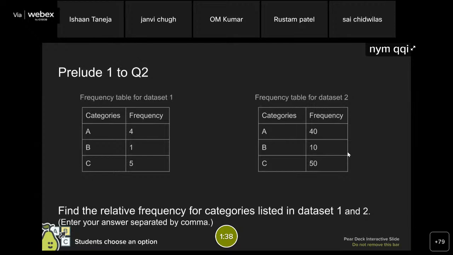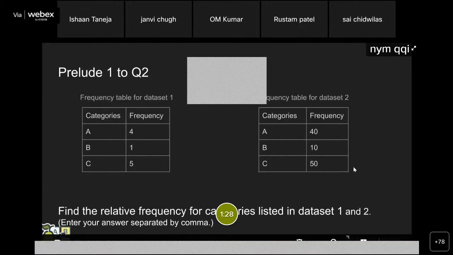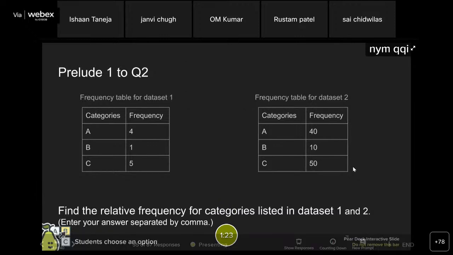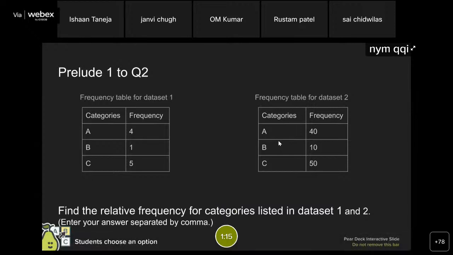Excuse me, sir. Yes, please ask. What is meant by preludes? Prelude means it's just a step. Like for question 1, we did prelude 1, prelude 2, and prelude 3. It means our major question was question 1, but to solve question 1, we did 3 steps.